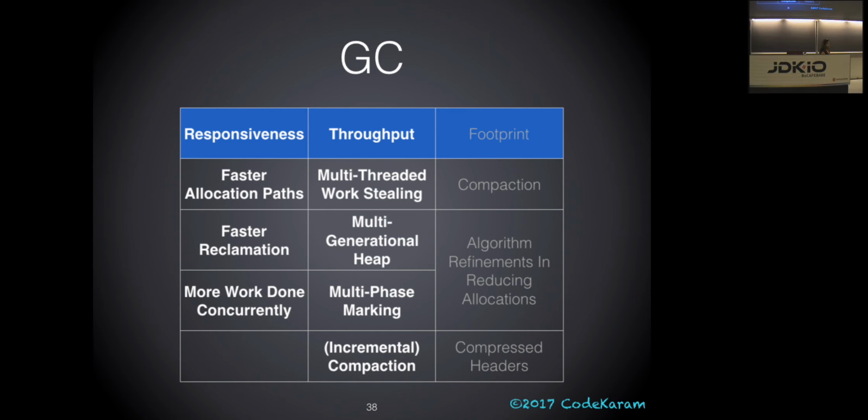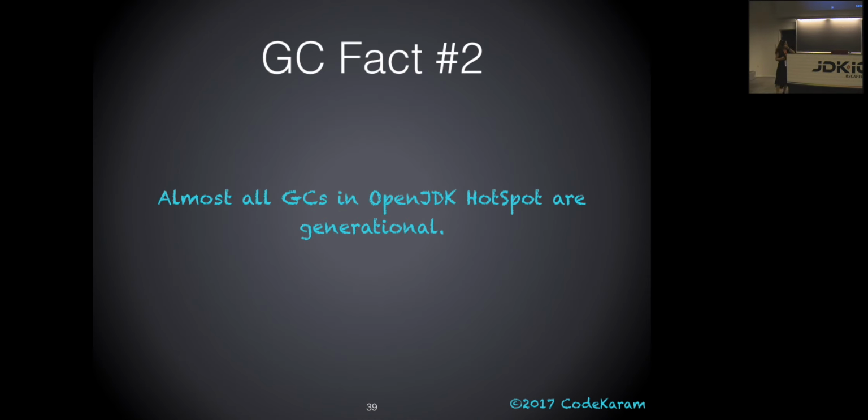And in Java 9, the default garbage collector is going to be garbage first garbage collector. So note that it would have compaction of some sort and all those other things. In fact, G1 GC also has concurrent work, and I'll talk more about that.